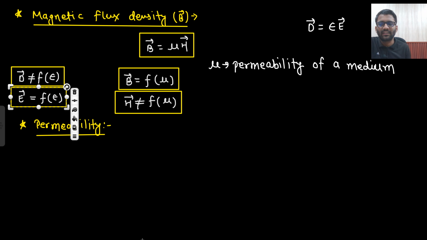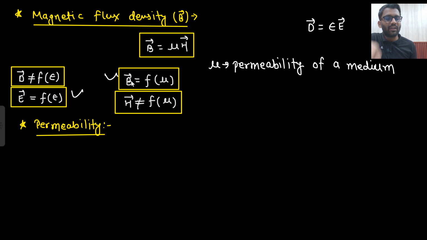Why I told this is that in 12th class you must have studied E and B, right? In 12th class why did we not study D and H? We studied E and B because they are measurable. Why are they measurable? Because they depend on the medium. D and H do not depend on the medium, so how would I measure them?